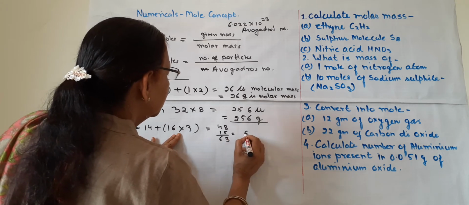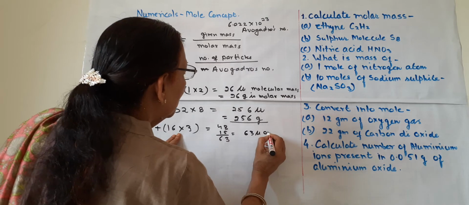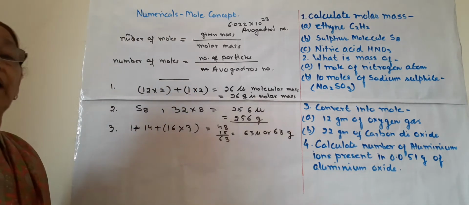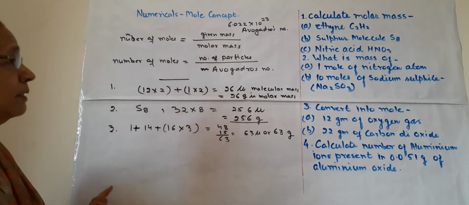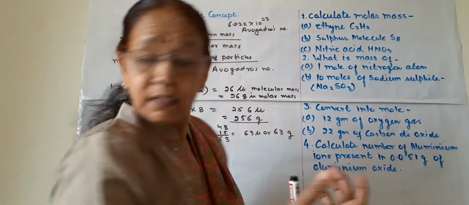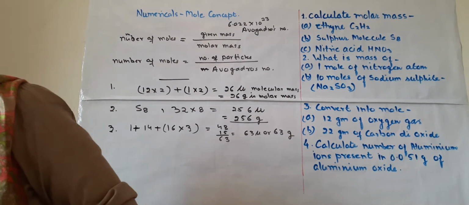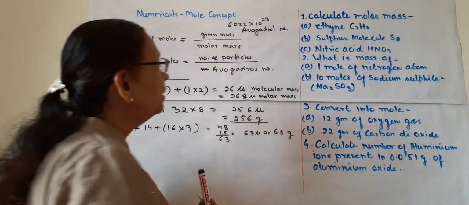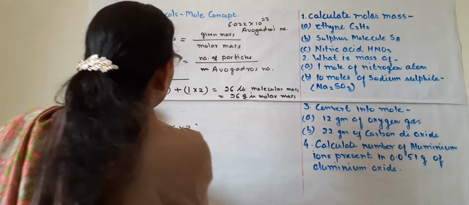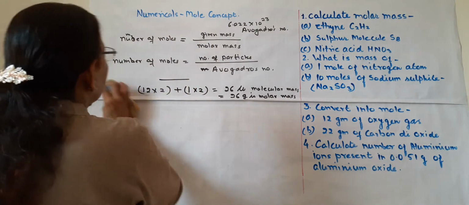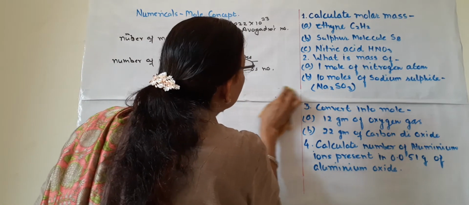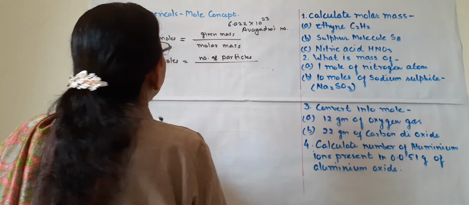It will be 63 U or 63 grams will be molar mass. So this question is solved like this. Just first you calculate molecular mass, change U with G, and you will get the molar mass. Numerically it is equal to molecular mass, just the unit is different.